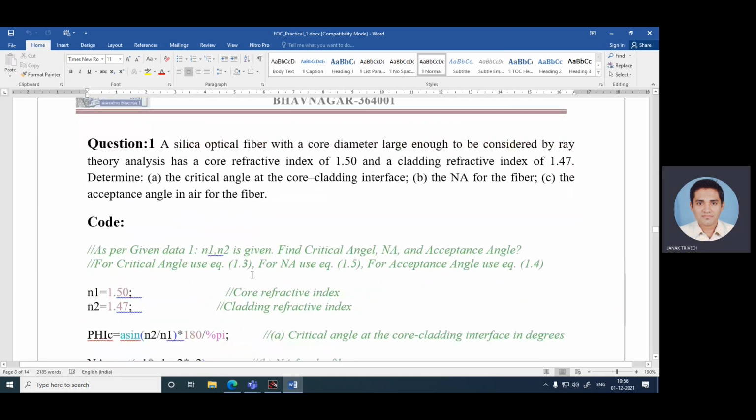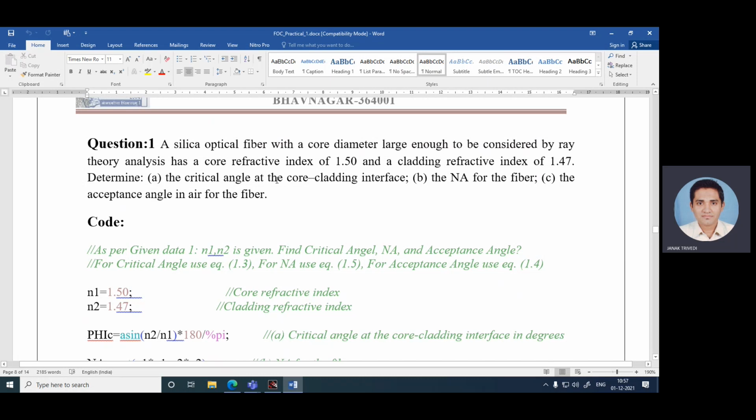Now we discuss the example that is given in the John M. Senior book, and we will solve this example with the help of Scilab. The first question is: a silica optical fiber with a core diameter large enough to be considered by ray theory analysis has a core refractive index of 1.50 and a cladding refractive index of 1.47.